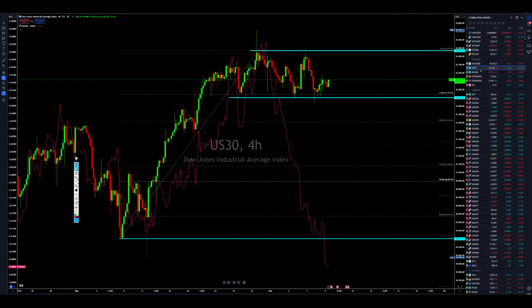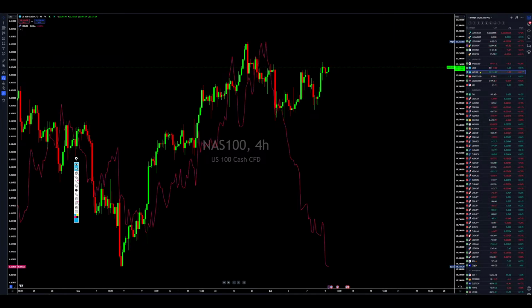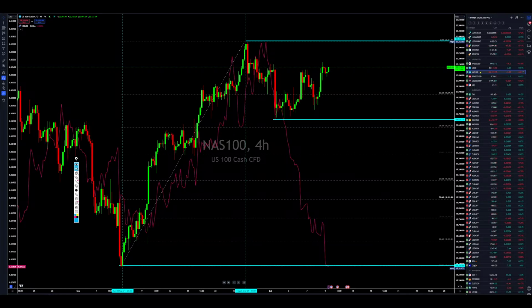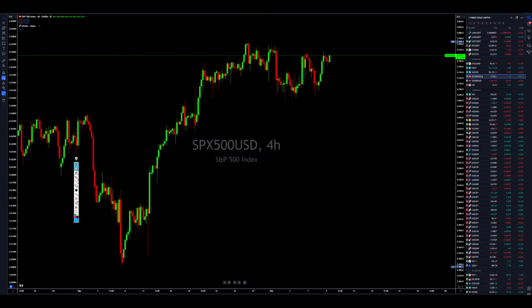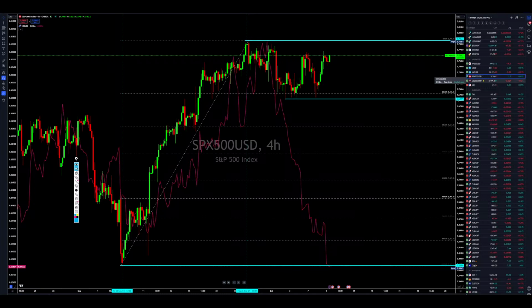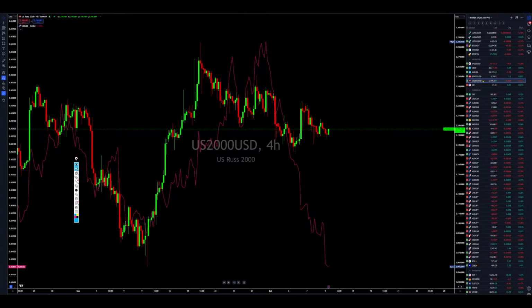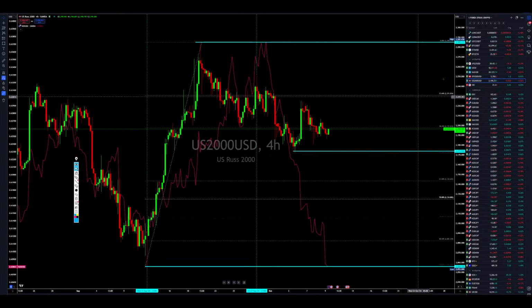So the carry risk is there, and we're not buying them. They are even pushing up, but we are careful with them as they can crash to the downside. So that's it. Enough.